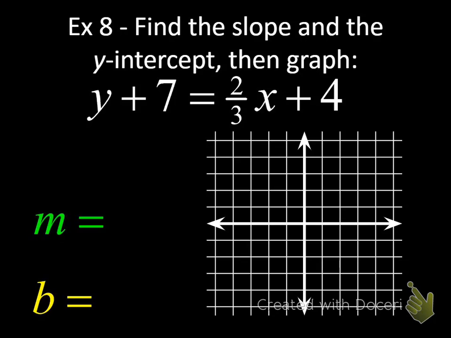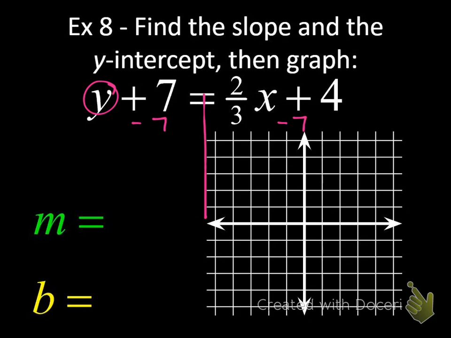And last example problem. Another fun one. But Chance already kind of gave us the tools that we needed. So we know in order to get it in slope-intercept form, we have to get what by itself? The y. So what do I get rid of? 7. So I'm going to subtract 7. Now, when I subtract 7, I can only do so by combining like terms. So can I take 2x and subtract 7 from that?